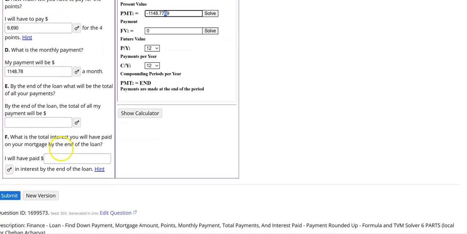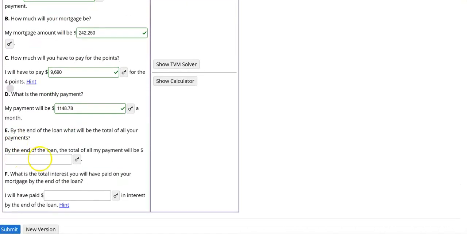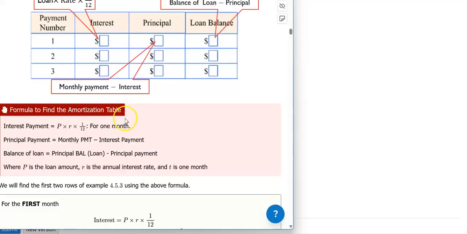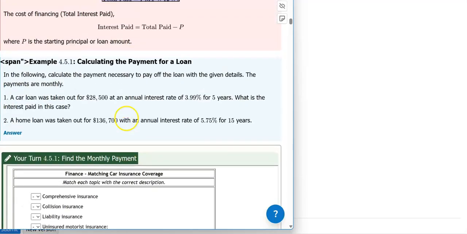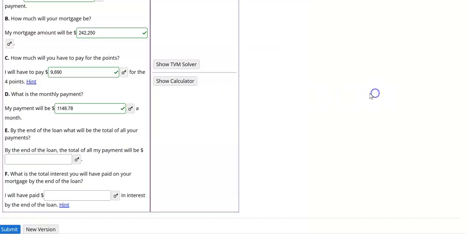So let's check the answer. So far we must be good. Now part D, by the end of the loan, what will be the total of your payments? So for the total paid, again we have a formula for that. Total paid is going to be PMT times 12 times T. That's the formula.